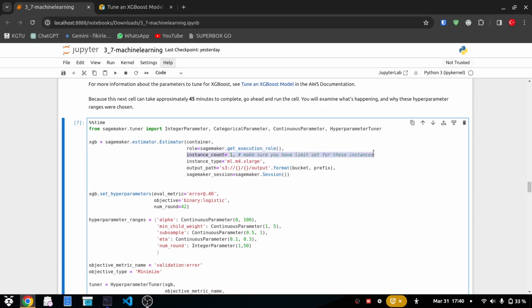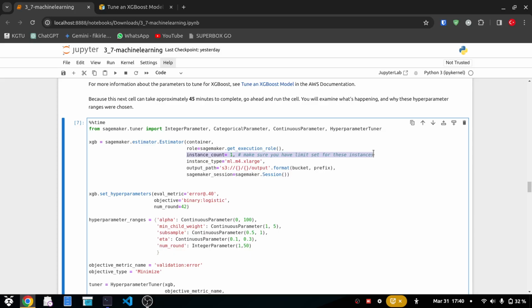So the instance count is 1. This is for parallel computing. If you increase the instance count, you are hiring more compute instances to compute the models. For example, if you set the instance count as 5, that means 5 different XGBoost models with different hyperparameters would be trained on 5 different computers.